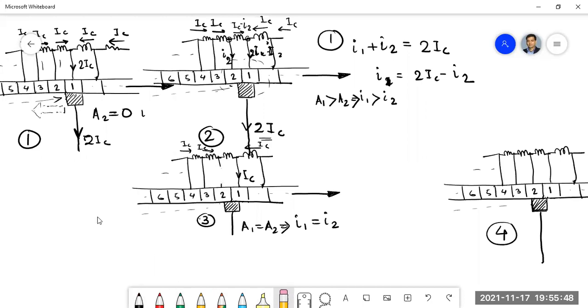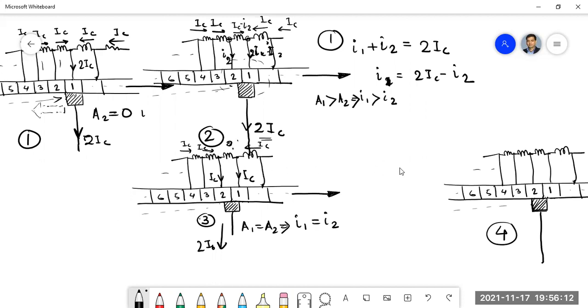Similarly, you apply KCL at either the left node or the right node. Zero. So that means it's a zero current. There will be no current.